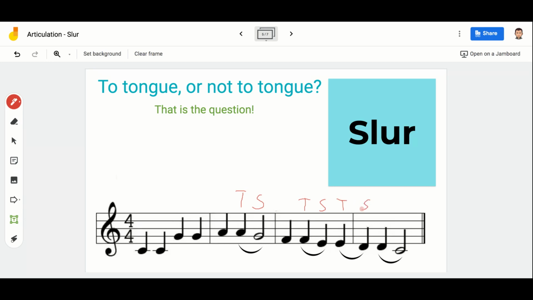And if I haven't done this before, doing this pattern of tongue, slur is actually going to take a little bit of practice, right? I'm not necessarily going to be good at that right away. So here's the first one. I'm just going to practice that. Tongue, slur, and just get used to those sounds. I have to blow continuously and just let my fingers change without interrupting the sound.